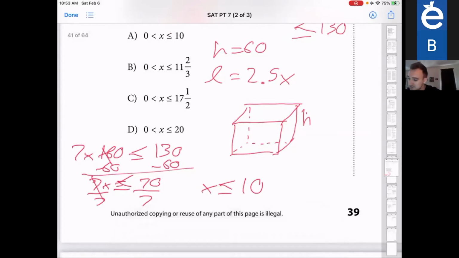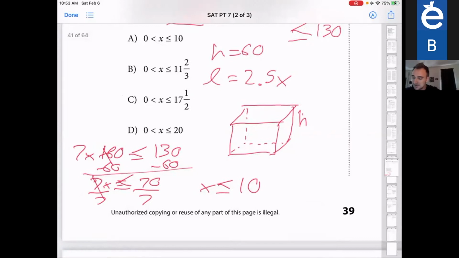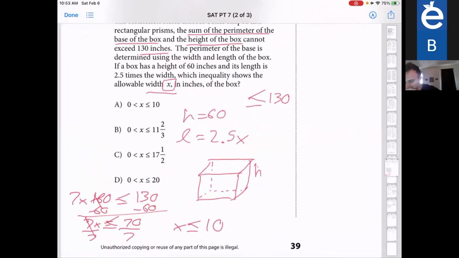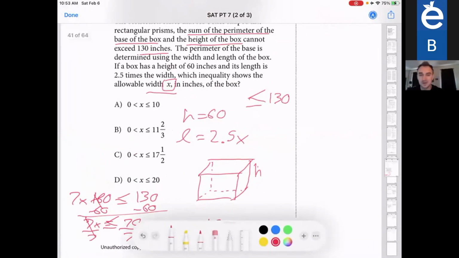Let's look at my answer choices here. I can see A immediately gives me the same inequality, just kind of bottoms out here at 0, which makes sense. It should be greater than 0. It can't be greater than or equal to 0 because we can't have a rectangular prism with a width of 0. So A makes sense. That's my answer.